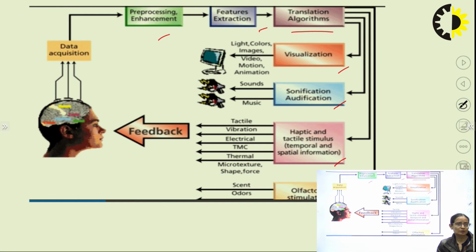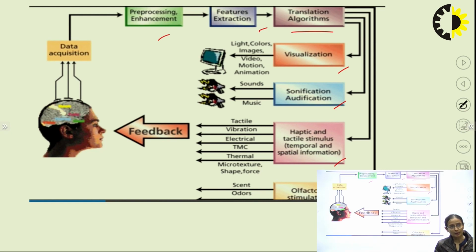In the visualization part, we have light, colors, images, video, motion or animation. These kinds of things can be predicted by the brain, and then a visualization unit can tell what the brain has seen or predicted. In the case of sonification or audification, we could have sound and music related applications.